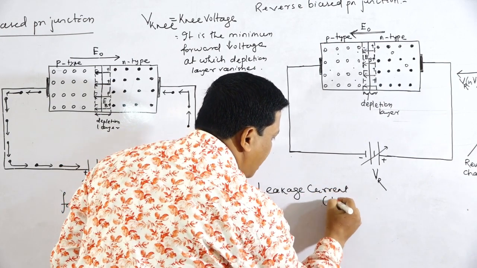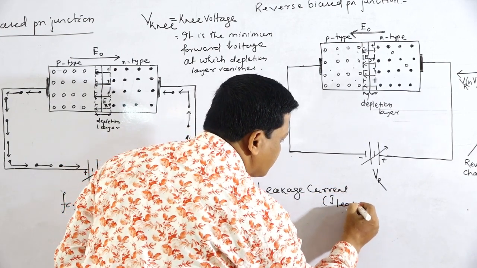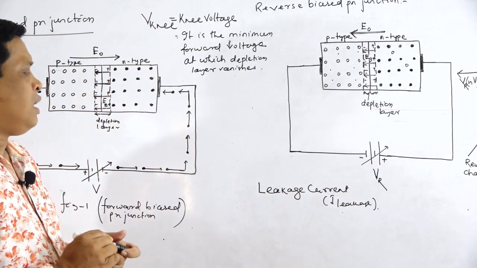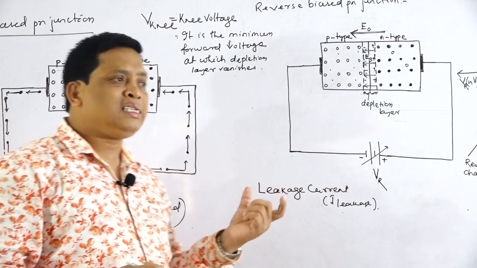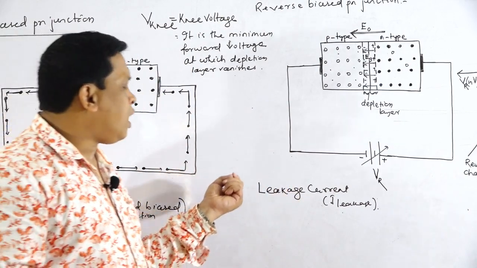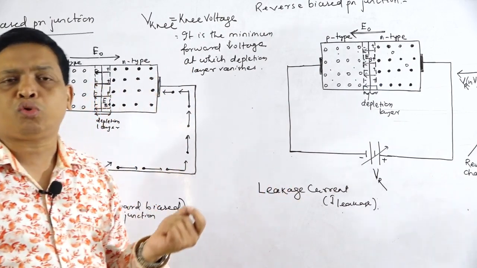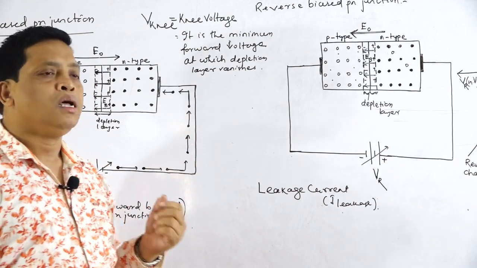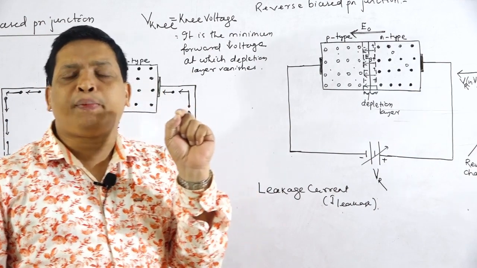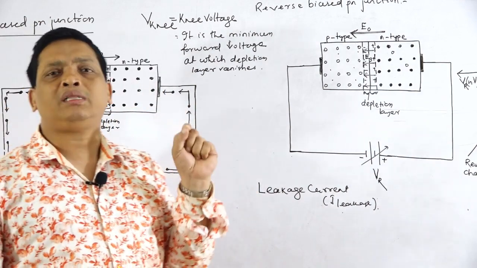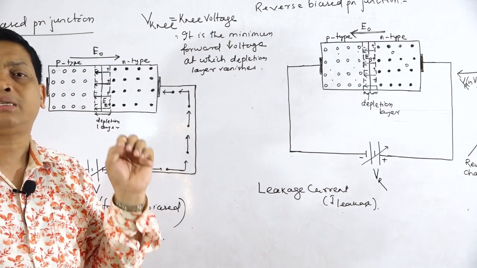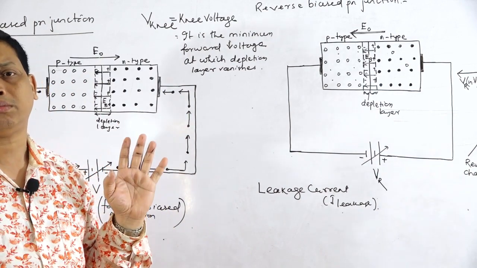Leakage current, I leakage. So what is leakage current? Leakage current is the small current that flows due to the minority charge carriers, that is the free electrons in the p region and holes in the n region in a reverse biased PN junction.